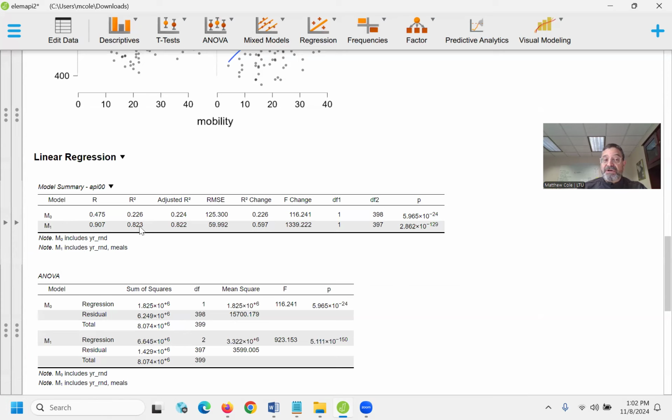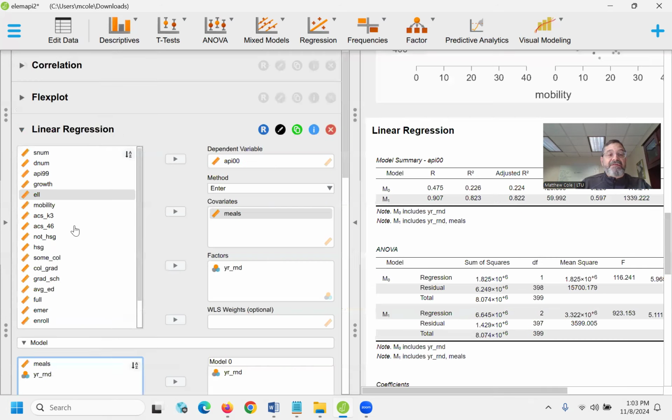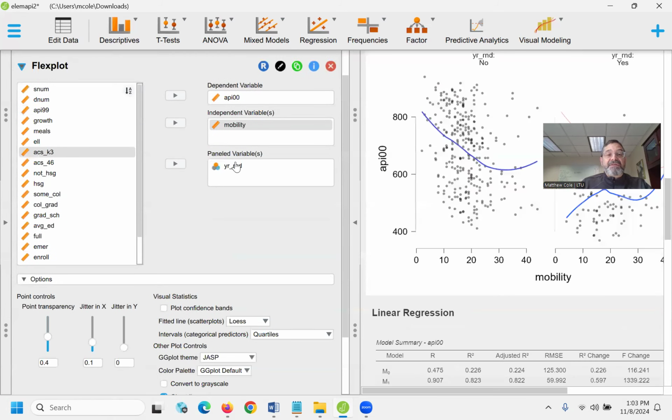The total R squared now with year-round and meals is 82.3%. That's as if we're saying controlling for whether schools are open, whether schools need to be summer school or not, as the percentage of kids come in that need meals by the school, we are able to predict an additional 60% of the variance.